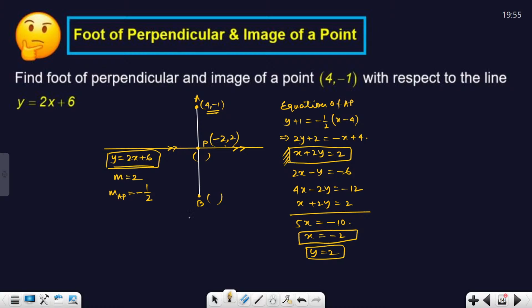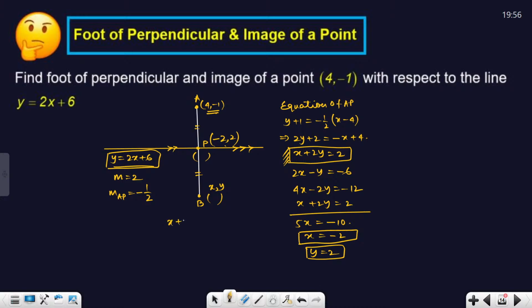Now we have to find out the image of point A with respect to this line. For an image, we all know that the distance of the object from the mirror is the same as the distance of the image from the mirror. So these two lines are equal. That is, point P is basically the midpoint of AB. So simply by applying the midpoint formula, we can find out this point. Let us assume this point be (x, y).